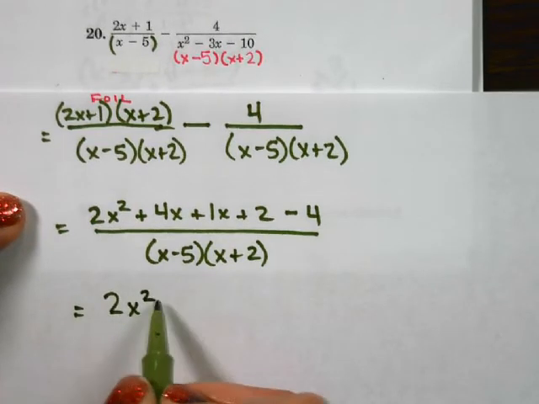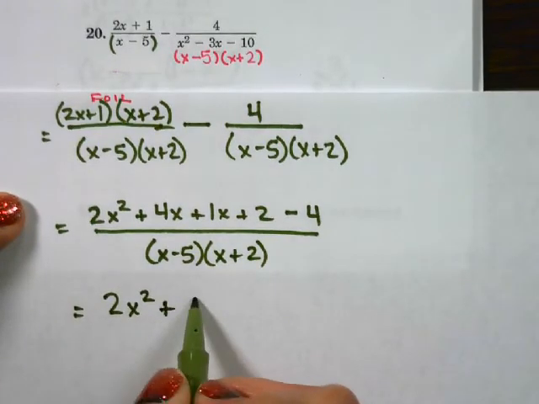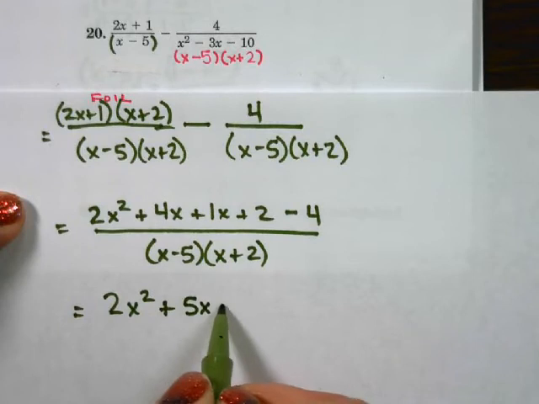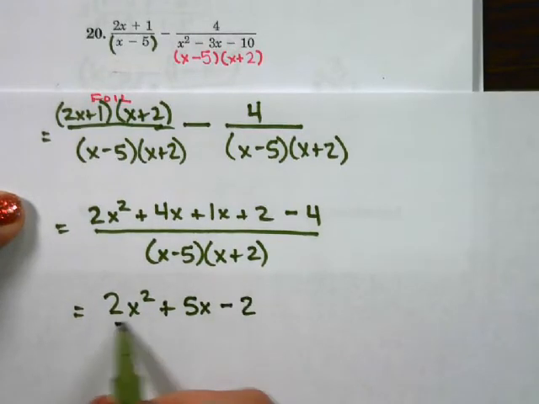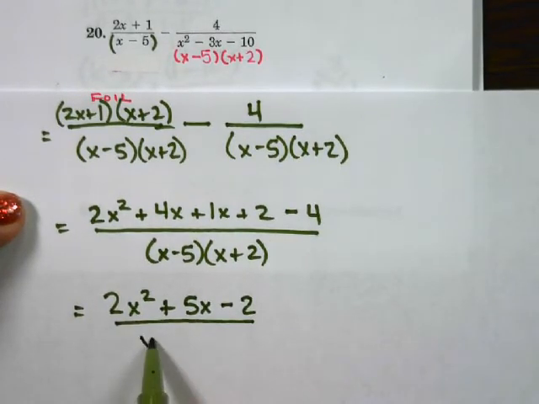Okay, combining like terms, I get 2x squared plus 5x minus 2, all over x plus 2.